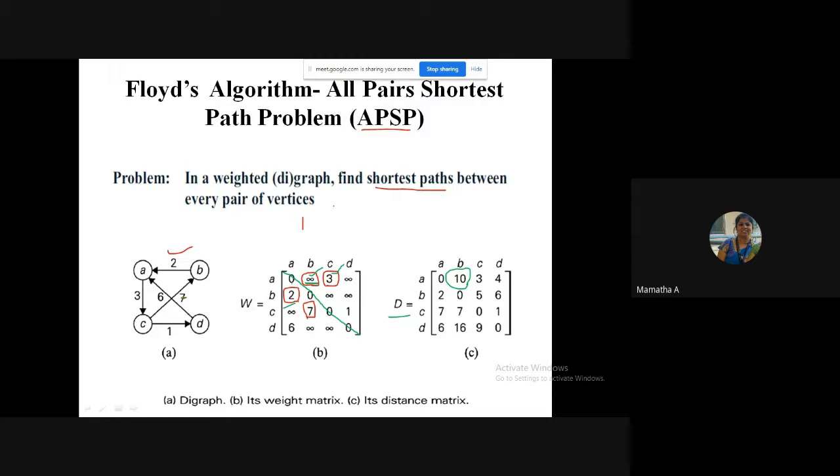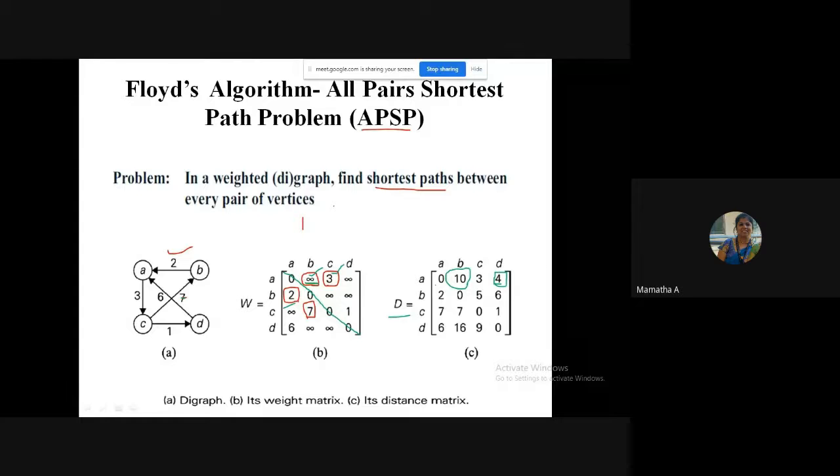Now check for A to D. What is the path for A to D? A to C, then C to D, whose weight is 4. And remember, we are checking for the shortest path. Shortest path I have to enter here, not any path.